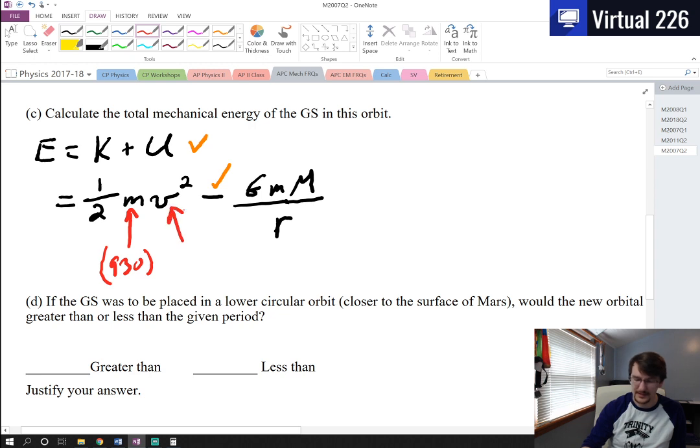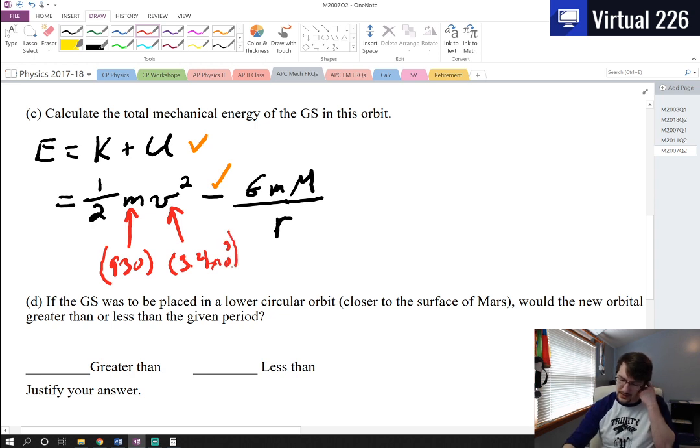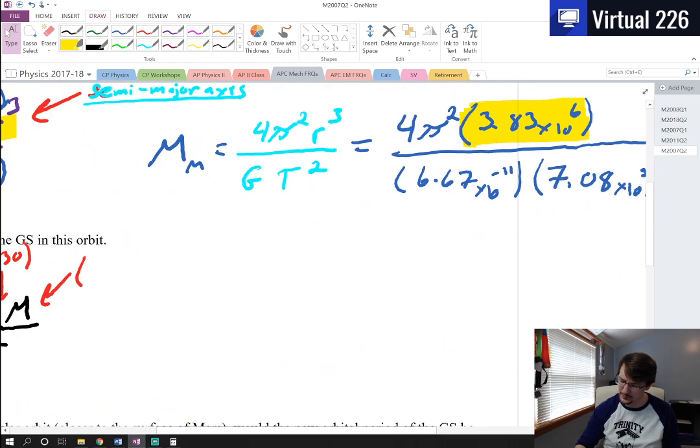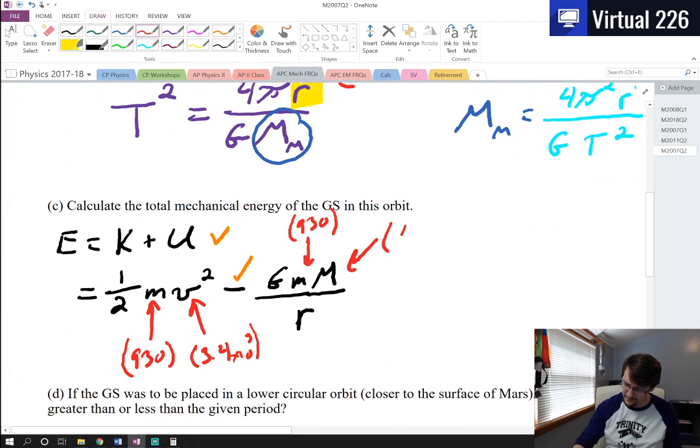This is the orbital velocity, so this is the 3.4 times 10 to the third. This is the mass of the Surveyor, the 930. This is the mass of Mars, which we just found was 6.64 times 10 to the 23rd.